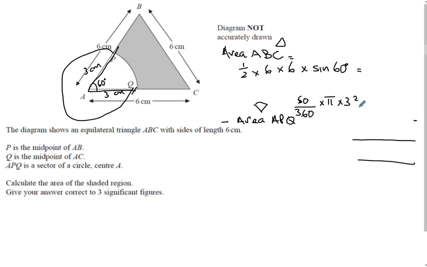And then you go on your calculator. That would work out to 15.59. That would work out to 4.71. And then when you minus it, you get 10.88 centimeters squared. Can you see the layout?